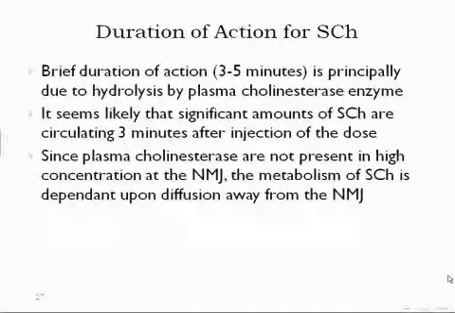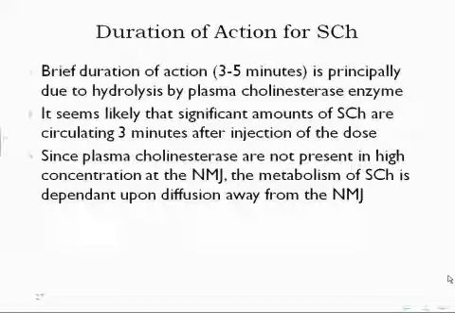One of the things that's unfortunate is that at the neuromuscular junction site, there's no plasma cholinesterases. And the acetylcholinesterase that's there does not break down succinylcholine at all. It won't touch it. Okay? So you really are dependent on diffusion away from the neuromuscular junction site for the termination of action by breaking down the molecule, ultimately by the plasma cholinesterases.